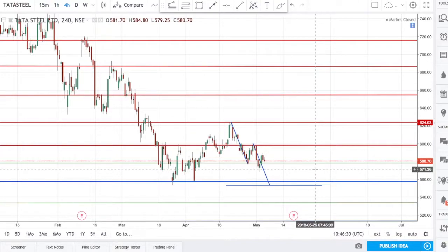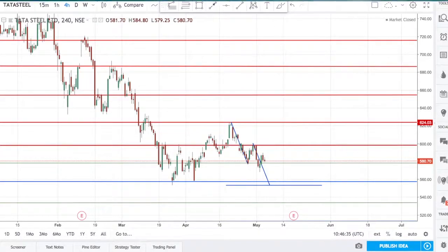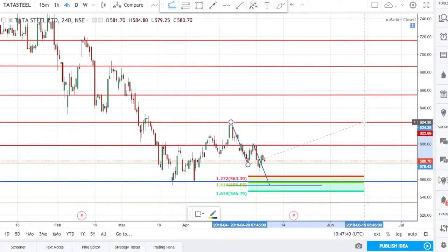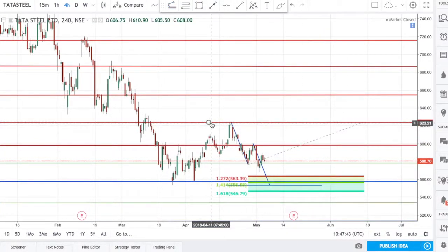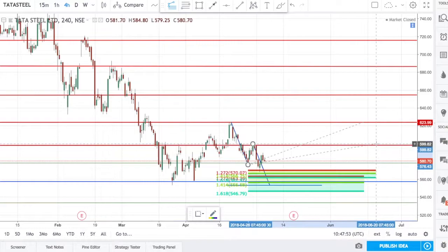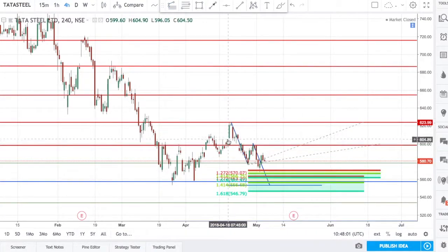Next, Fib confluence. Do we have any Fib confluence? Let's check. From this point to this point, back into this point, and from this point to this point, back into this point.